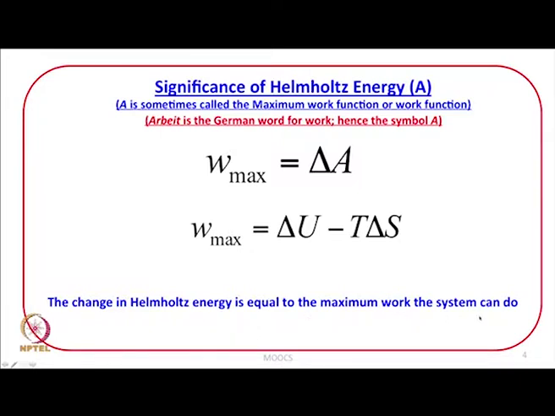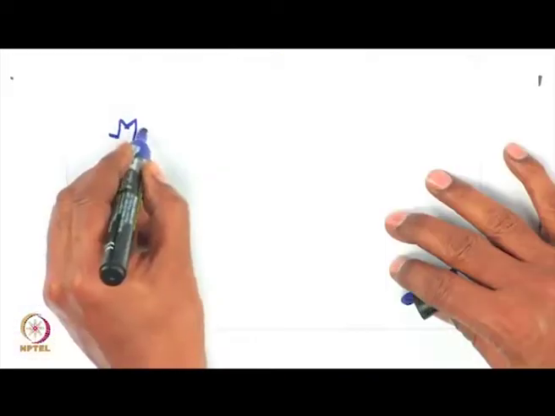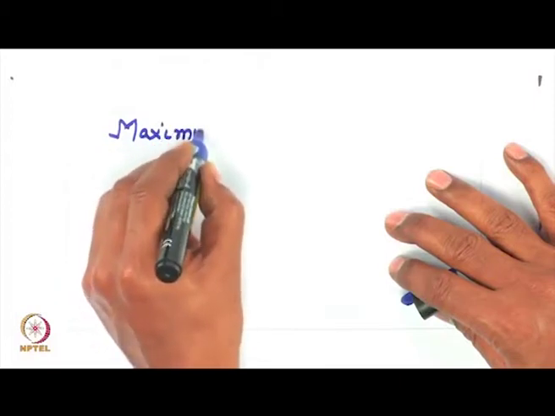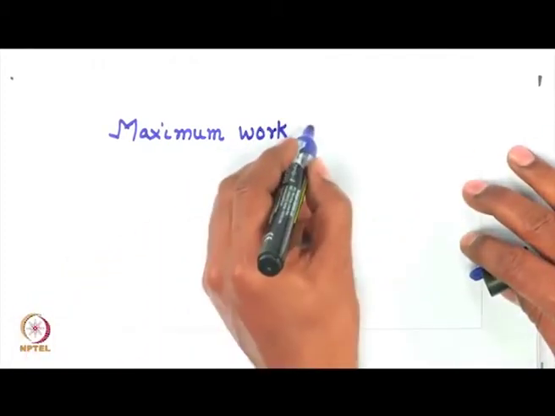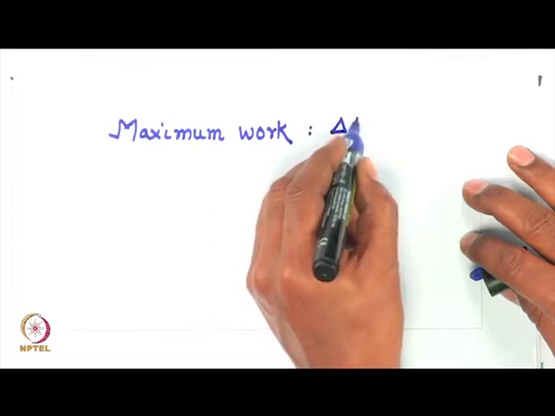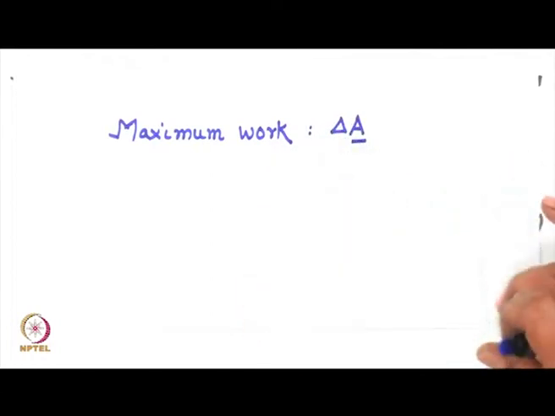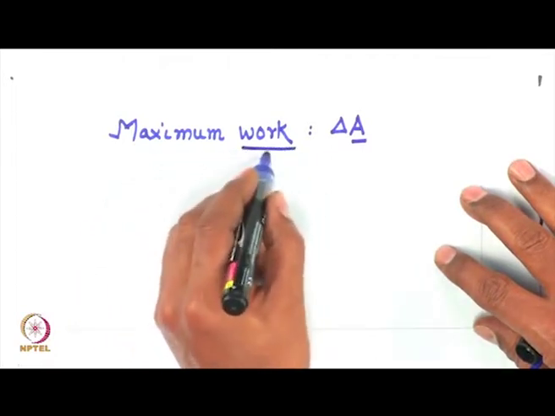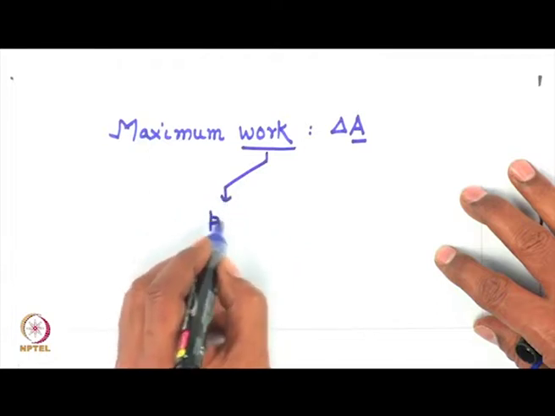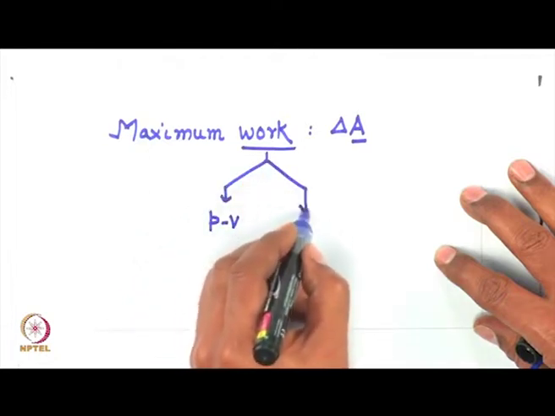Let me stress upon this point, that when we are interested in calculating maximum work, we have to act upon delta A. We have to act upon A and calculate its change, because maximum work, when I say work, is inclusive of pressure volume work and non-pressure volume work.